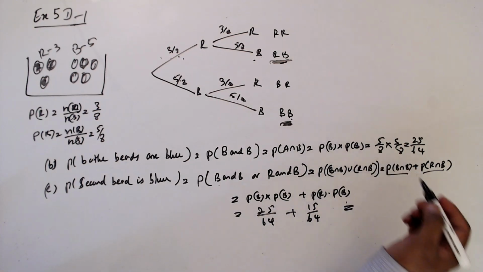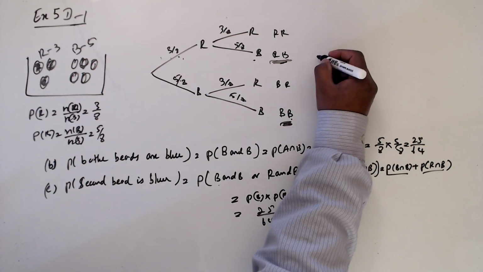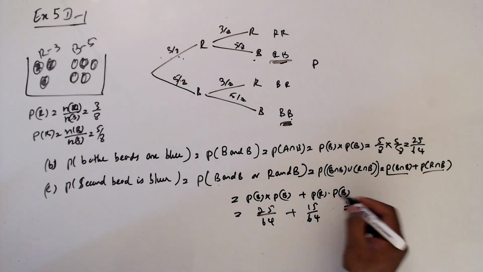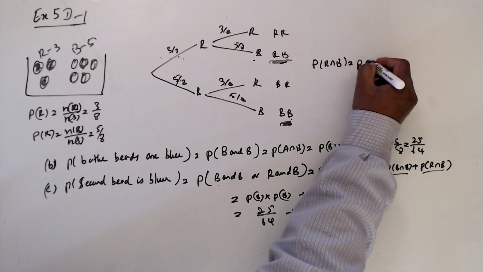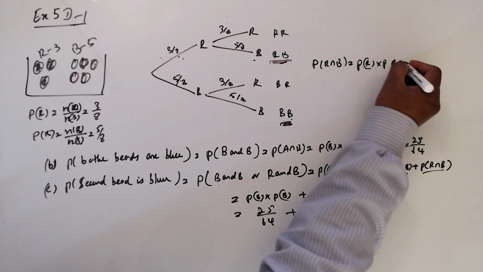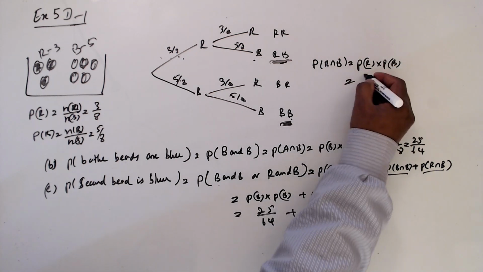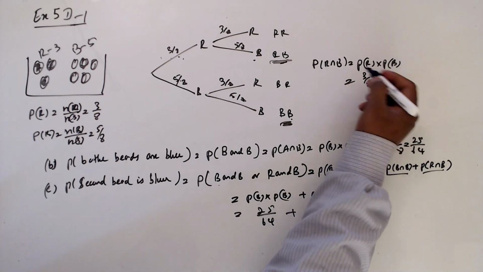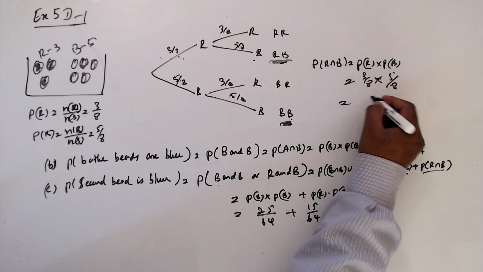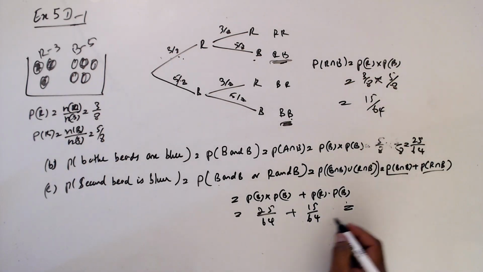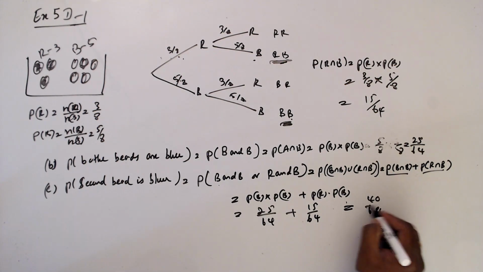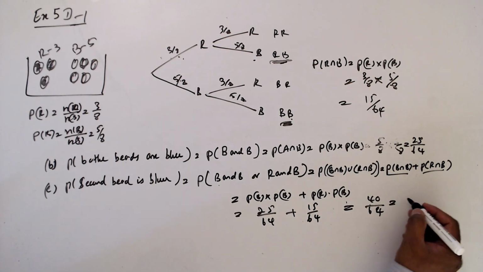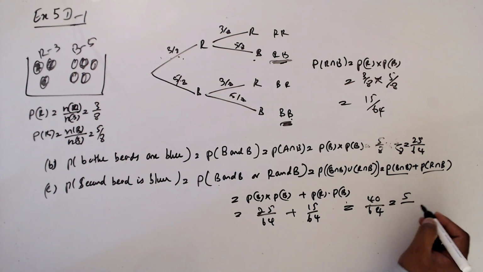Total answer: probability of R intersection B is PR times PB, that is 3 over 8 times 5 over 8, 15 over 64. So this is going to be 40 over 64, that is going to be 5 over 8.